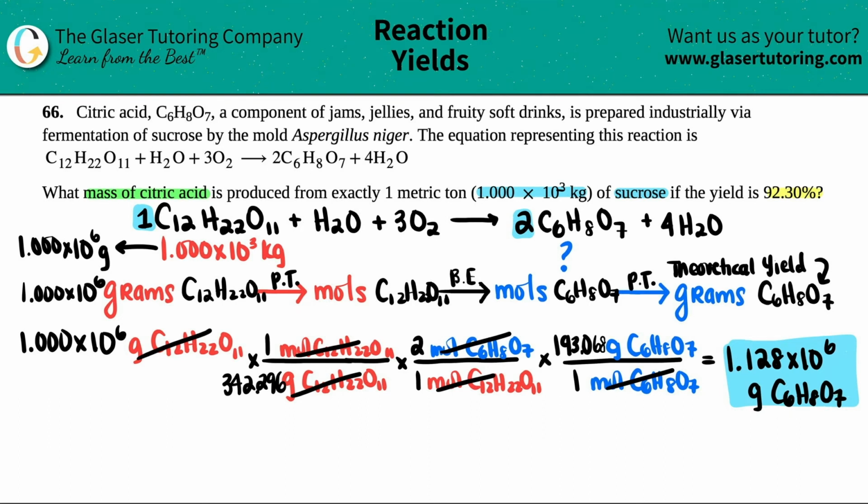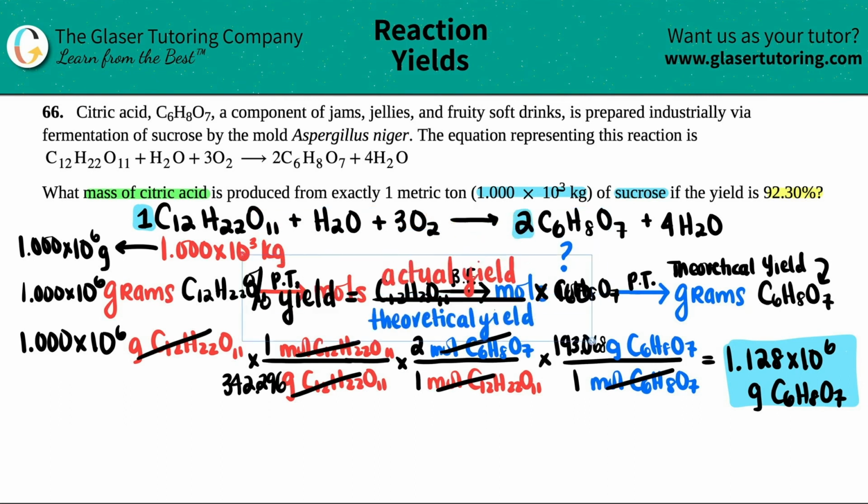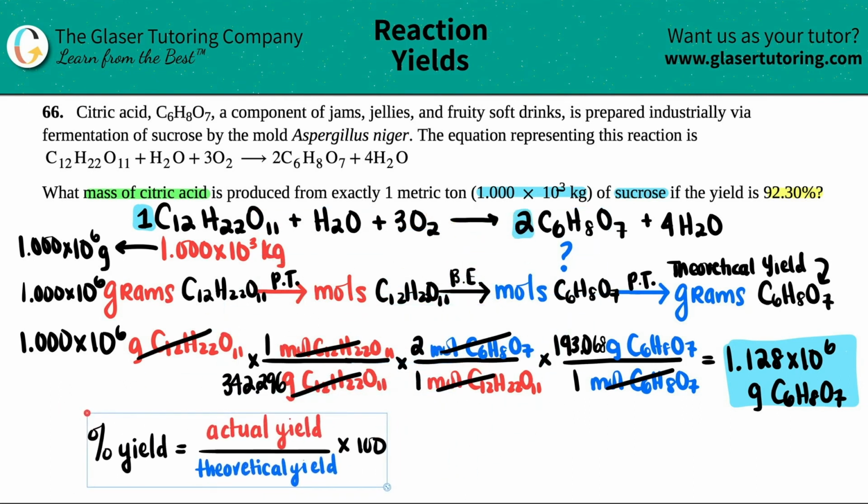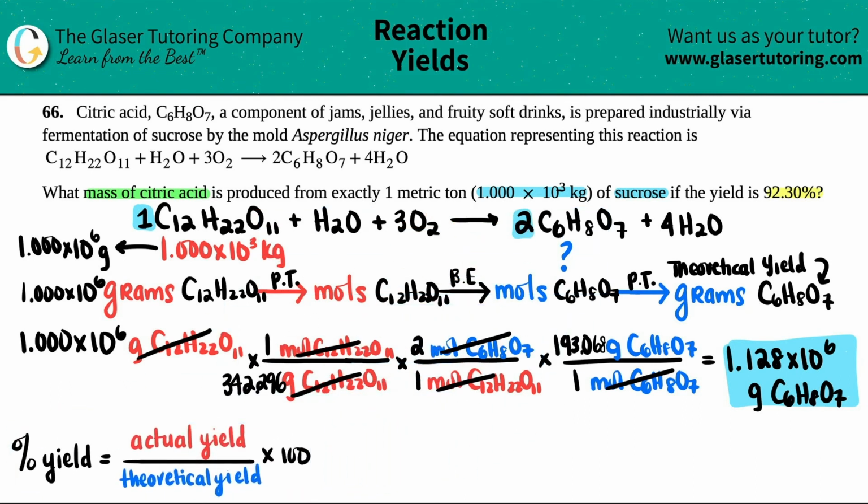So we can just basically do a percent formula, but if you want to know what the specific percent yield formula is, it's this guy. Now, the actual yield is what you actually produce, and the theoretical yield is always the one that we produce with stoichiometry.